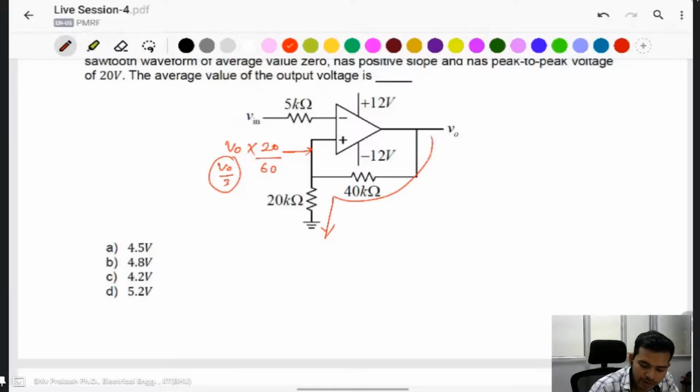Now find the upper limit of the symmetrical hysteresis loop. The upper limit is when the output is the maximum voltage, the saturation voltage.